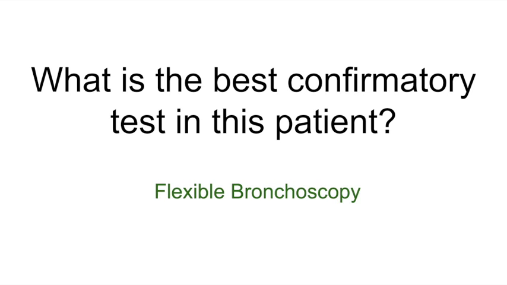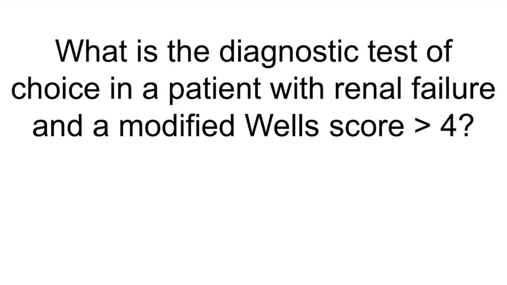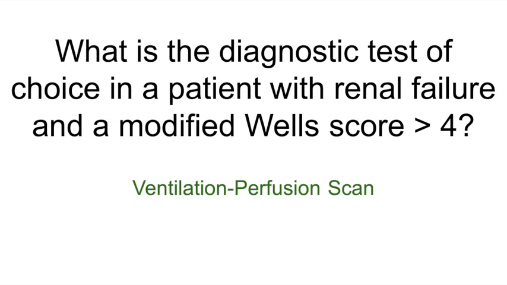What is the diagnostic test of choice in a patient with renal failure and a modified Wells score greater than 4? A ventilation perfusion scan. So if the patient did not have renal failure, then you could go ahead and do a CT angiogram of the chest.